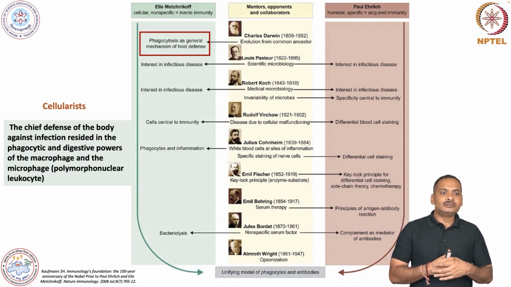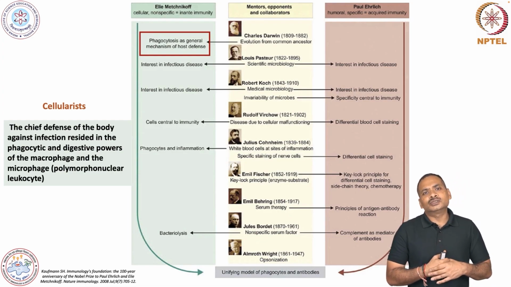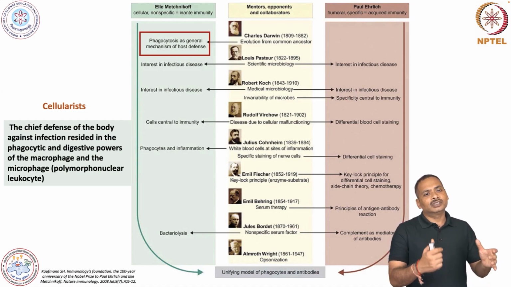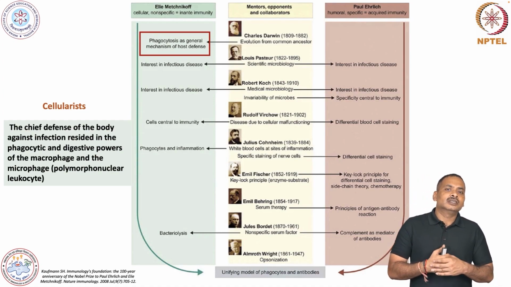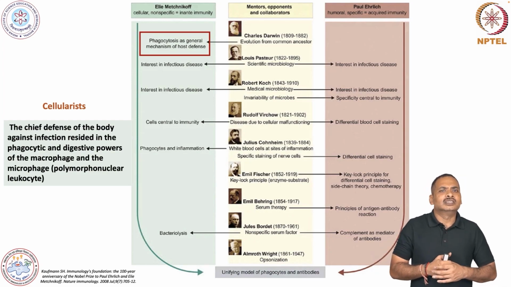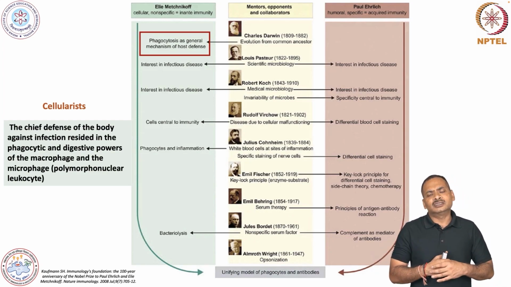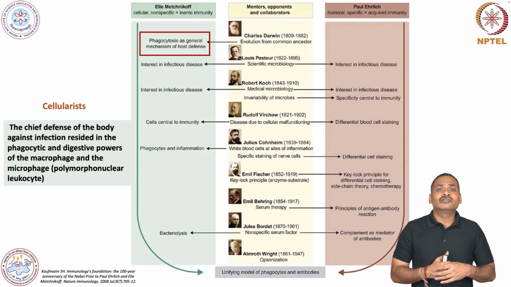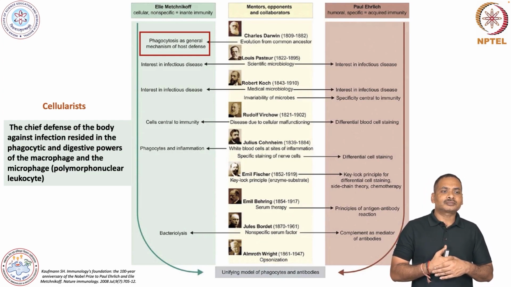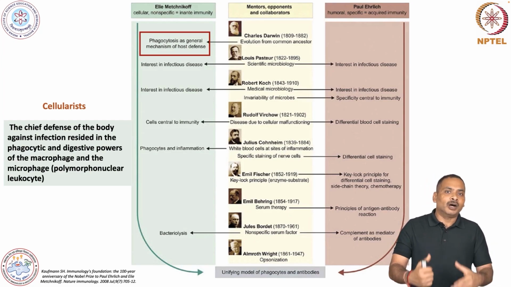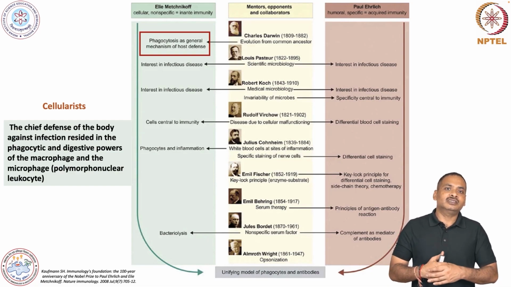Okay. So basically his theory was that the chief or key defense in the individual or in the animal is by some specialized cells which eat the pathogen. Okay, and they call these cells phagocytic cells, and the digestive property of these phagocytic cells imparts immunity in the host.